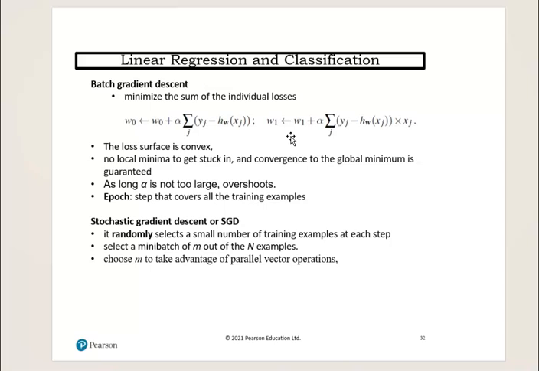So notice that if h is bigger than y at any point, this means that our prediction is too high. So we need to reduce w0 a bit, because that term is going to be negative. So w0 in the next iteration is going to be less than the one I started at.